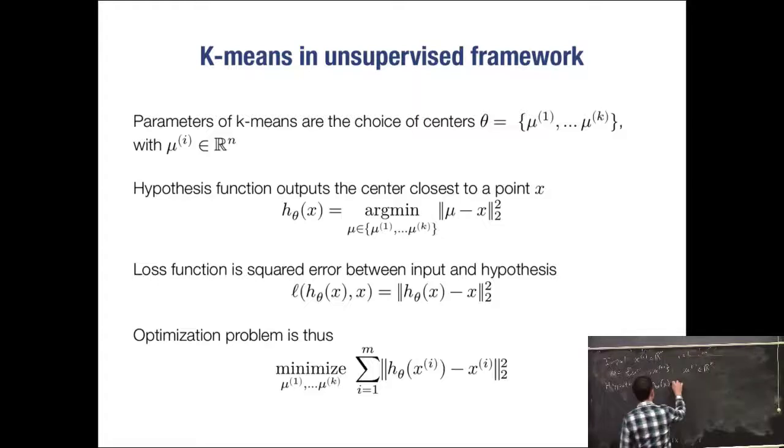So the hypothesis is going to be equal to the argmin. Argmin just means I actually return the argument that minimized the thing.